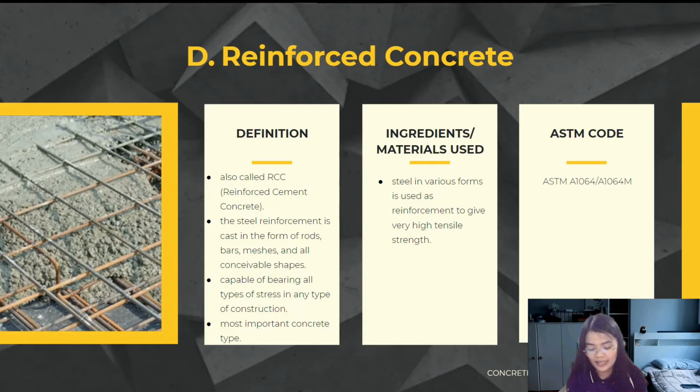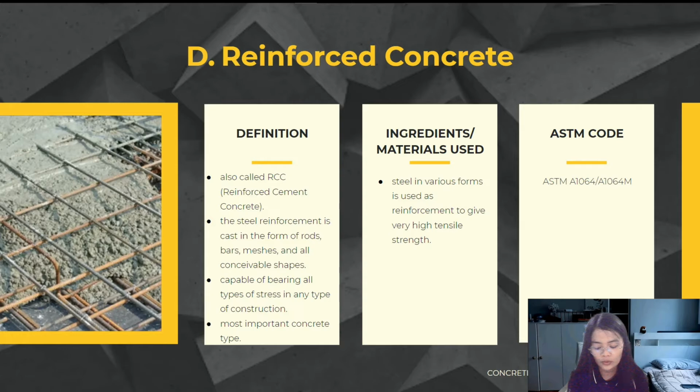So, ang next naman ay reinforced concrete na tinatawag din na reinforced cement concrete or RCC. This form of concrete is widely used in industry and modern construction. The strength of reinforced concrete is aided by placing wires, steel rods, or cables in the concrete before it sets.